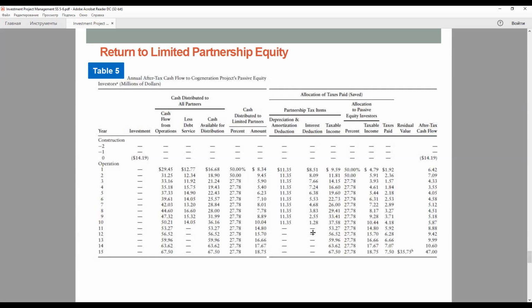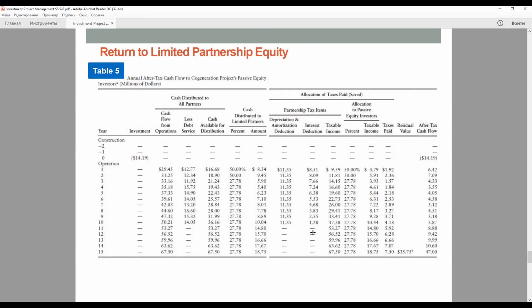As illustrated here, the limited partners enter into the project with an entitlement to receive 90% of income, losses, and cash distributions from the cogeneration project prior to reversion, and only 50% of these amounts thereafter.